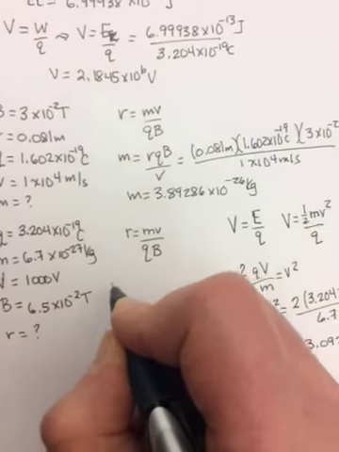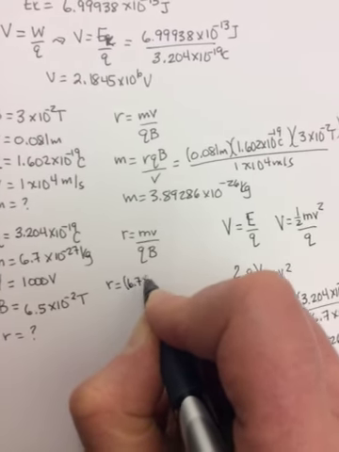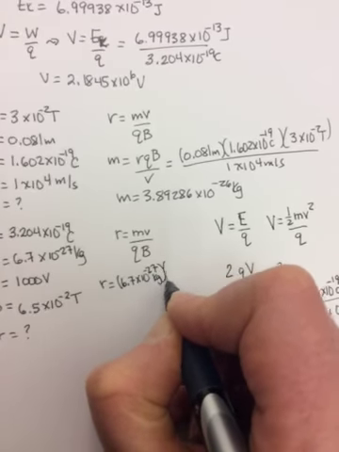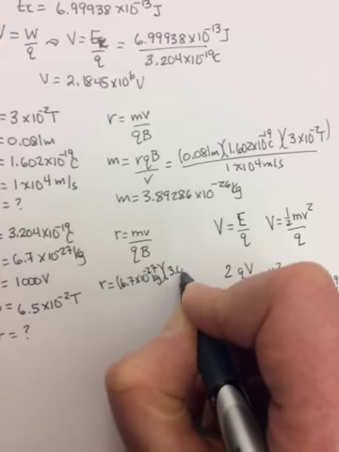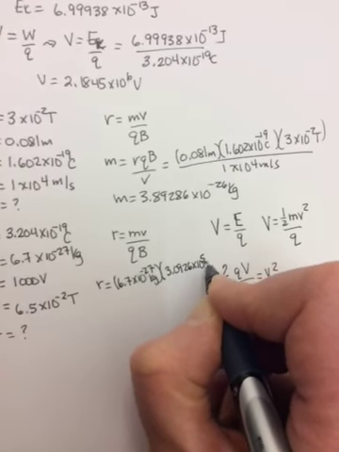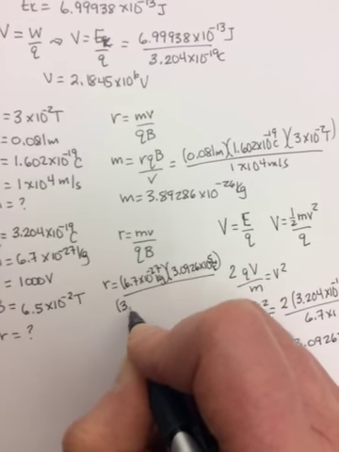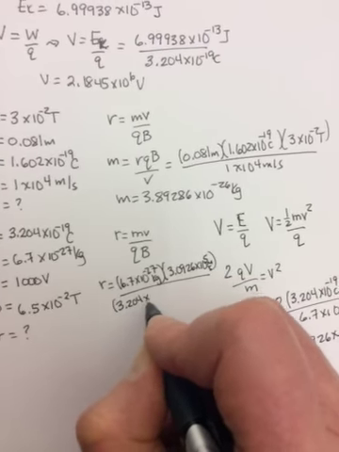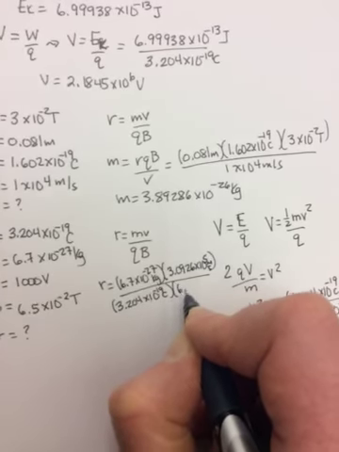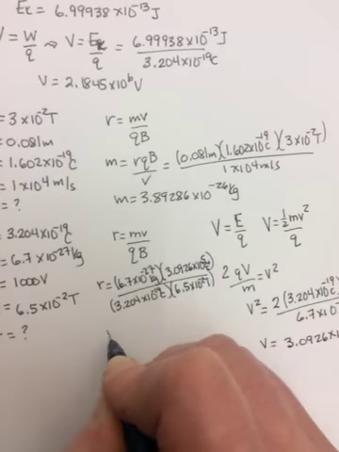Once you have that, now you can come over here and find R. So 6.7 times 10 to the negative 27 kilograms times that 3.0926 times 10 to the 5th meters per second, divided by 3.204 times 10 to the negative 19 coulombs and 6.5 times 10 to the negative 2 teslas.